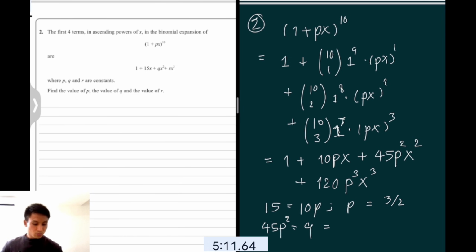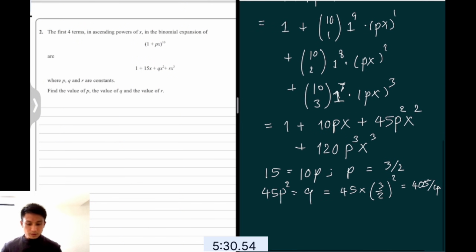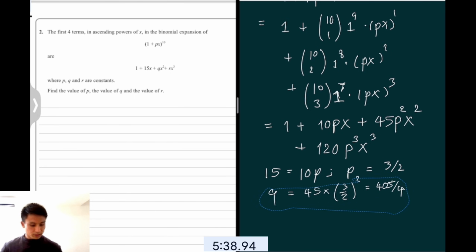That means q equals 45 times (3 over 2) squared, which is 9 over 4. I'm going to use a calculator for that: 45 times 9 over 4. That would be 405 over 4. We need to check on that. And then that would be q. I'm just going to rub this off and move it to the left a little bit. Okay.